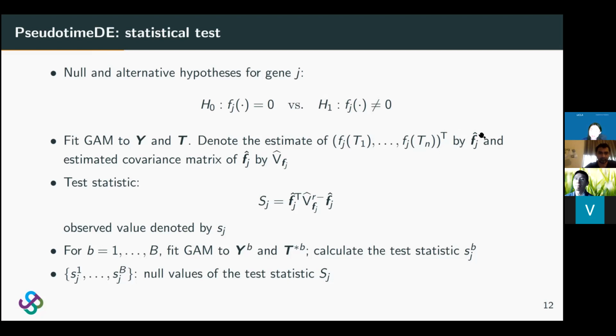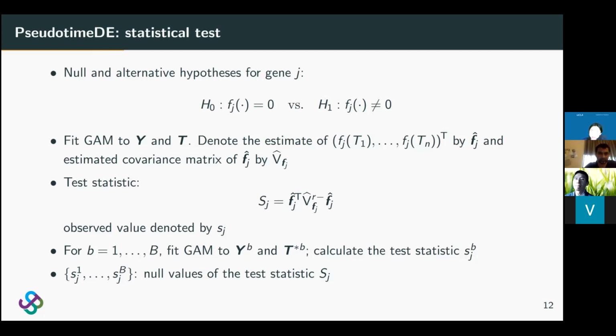Based on fj hat and this estimated covariance matrix, we obtain this sandwich-like statistic. Basically, we multiply fj hat transpose times the rank R pseudo inverse of this estimated covariance matrix, and then fj hat again. This gives me a scalar test statistic value.